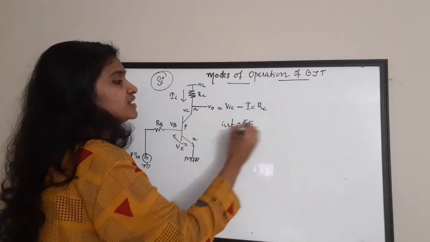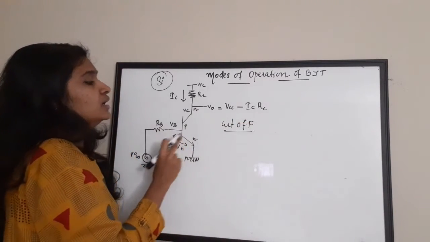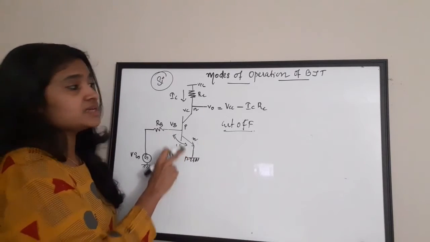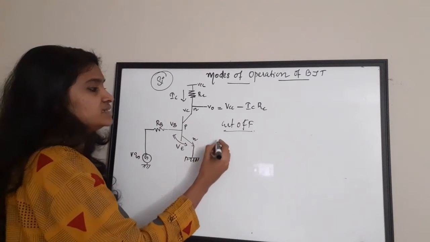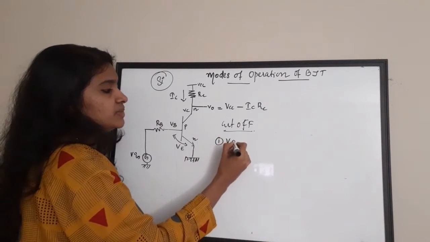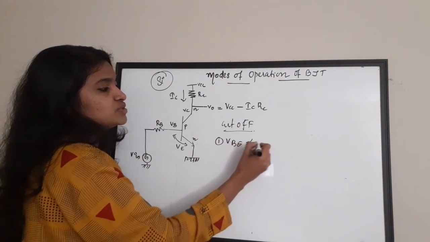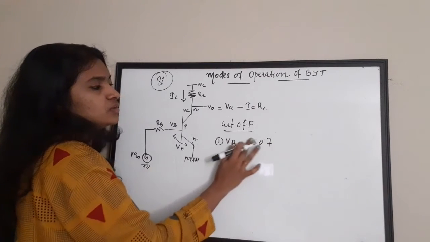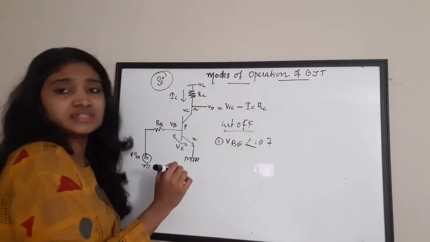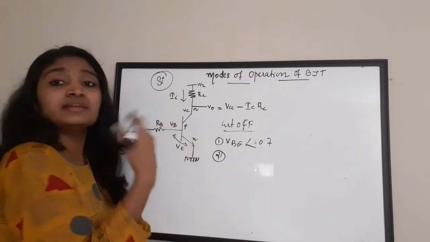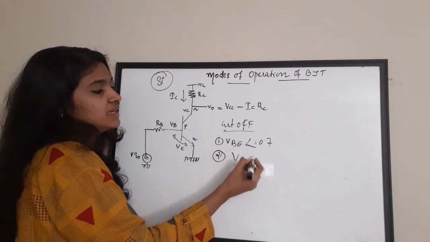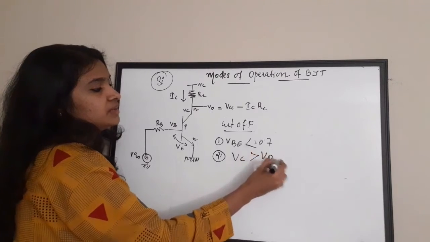So in cutoff mode, what is happening? Here, this region is reverse bias and this region is also reverse bias. So we have to club both the conditions. Here VBE is not equal to 0.7, that is, less than 0.7 volt. And this region is also reverse bias, that is, VC is greater than VB.